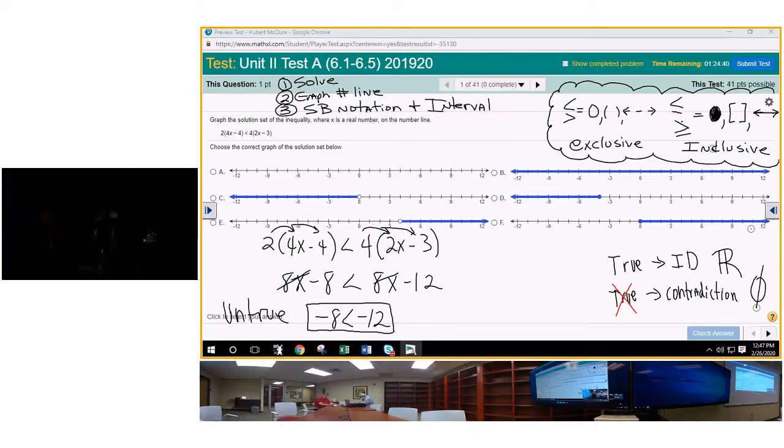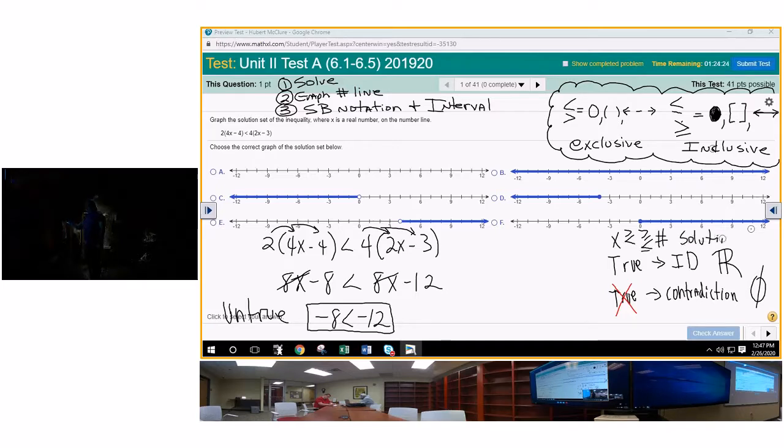Okay? Now, 10% of the time you will have one like this. 90% of the time you're going to get x is greater than, less than, greater than or equal to, less than or equal to a number. And that's called a solution.